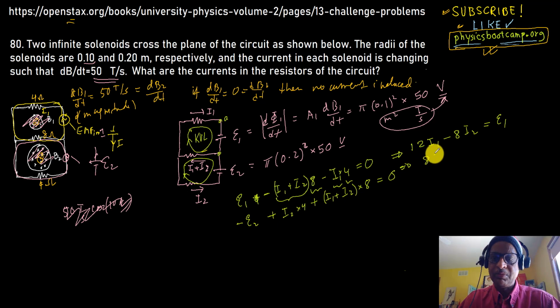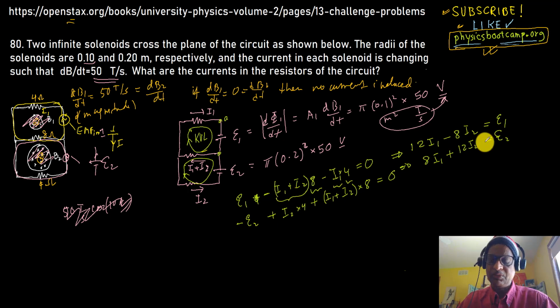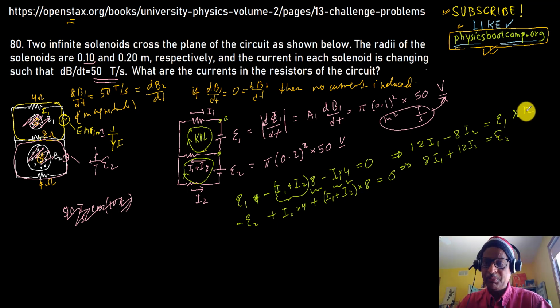8 I1 plus 12 I2, because I send this on the other side, E2. So let's see, I send these guys on the side, so this is the case. Okay, so you can see I can multiply this by 12, multiply this by 8, and then add.